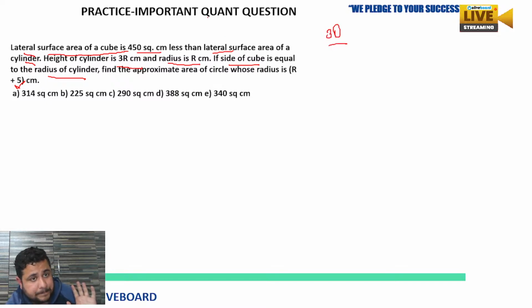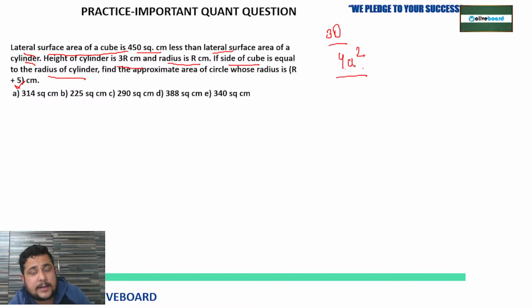Okay, 3D. So lateral surface area of cube. First of all, you must know what the lateral surface area of a cube is. That is 4a square. Now, the lateral surface area of a cube is 450 square centimeter less than the lateral surface area of a cylinder.